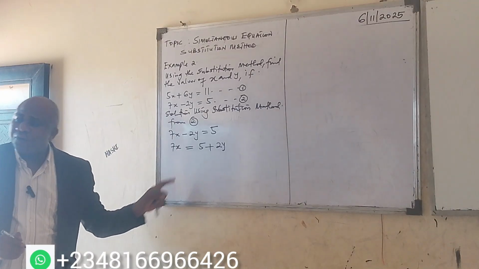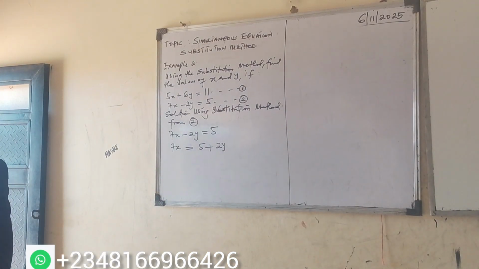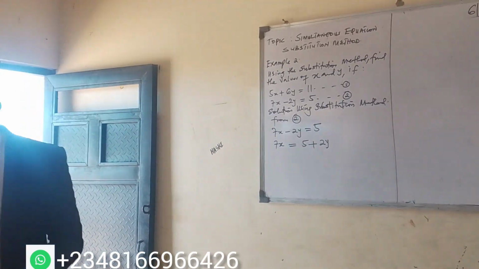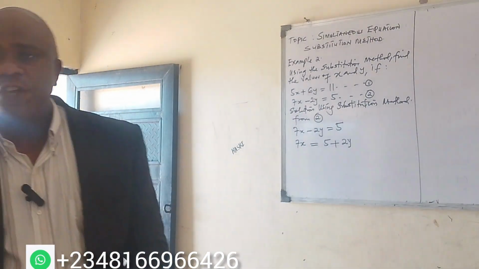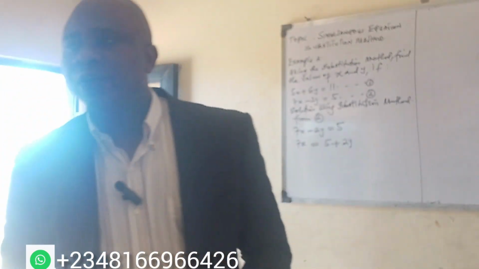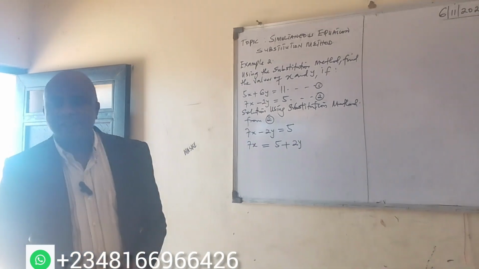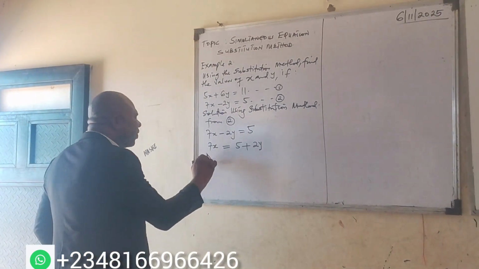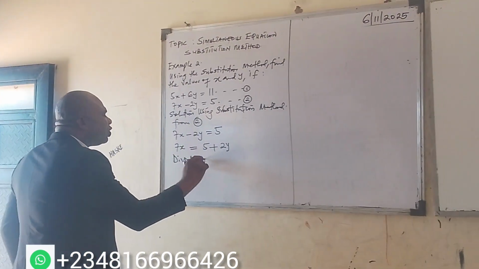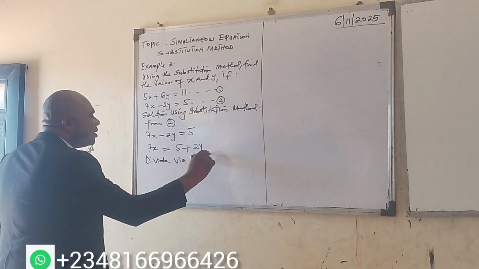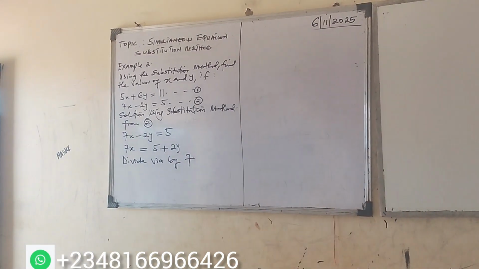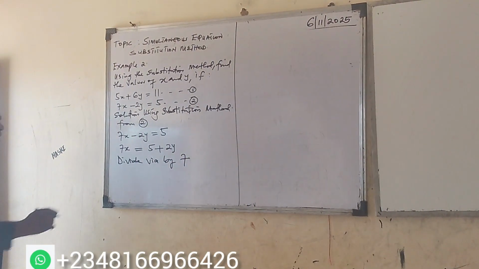So to get the value of x here, we are dividing both sides by what? The coefficient of x. Now, what is the coefficient of x? 7. So we divide both sides by 7.